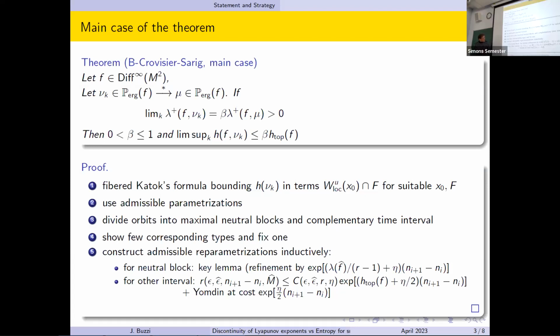Taking R very large, this is essentially nothing, a small exponent. For the other, the exponent is essentially the topological entropy, but these fill a fraction beta. So this is why we will get the bound. That's roughly the global idea.